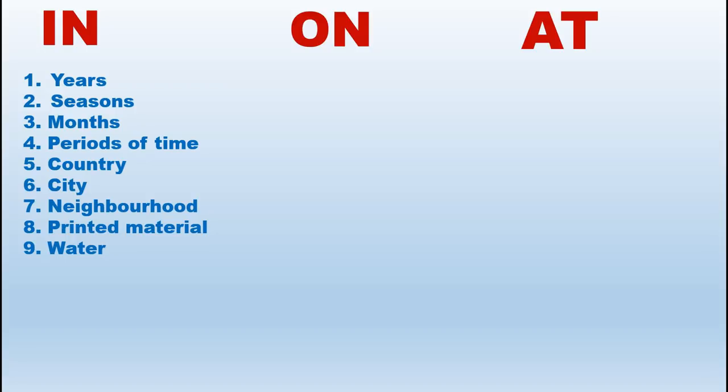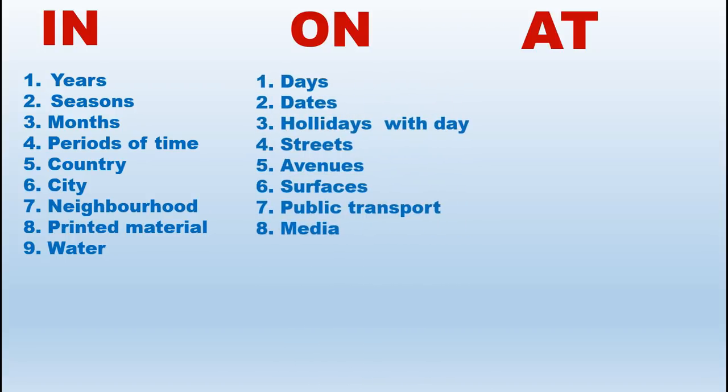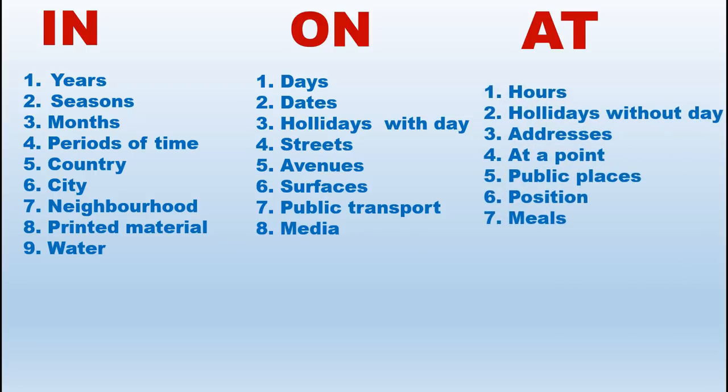Por otro lado, la preposición on la vamos a relacionar con estos conceptos: days, dates, holidays with the word day, streets, avenues, surfaces, public transport, media. Y por último, la preposición at con estas otras categorías: hours, holidays without the word day, addresses, at a point, public places, positions, meals.